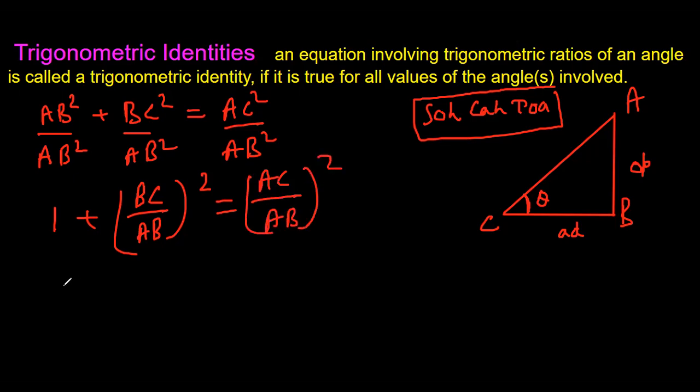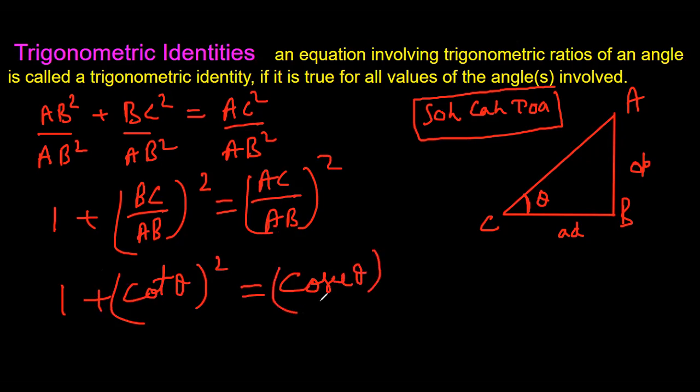All right, so 1 plus BC by AB means cot theta square, AC by AB, hypotenuse by opposite, that is the reciprocal of sine, which is cosec theta square.